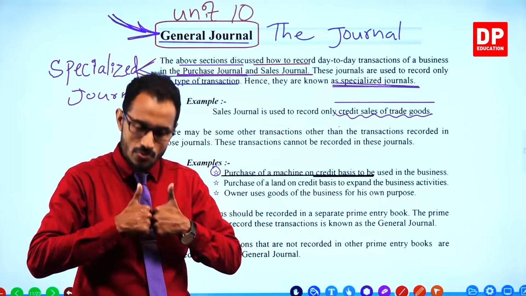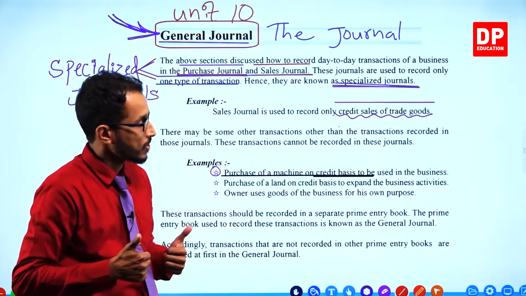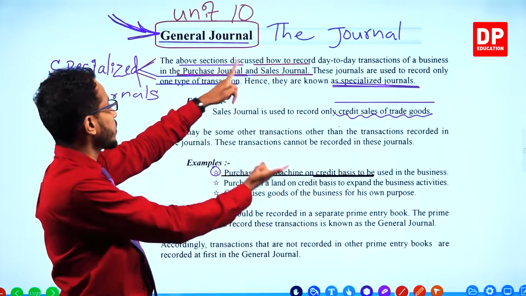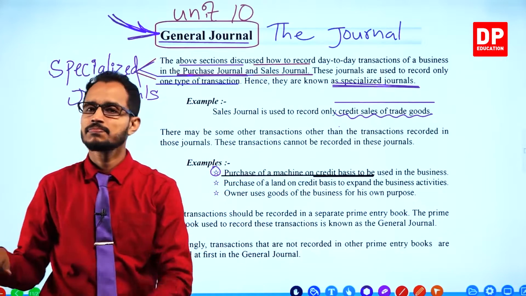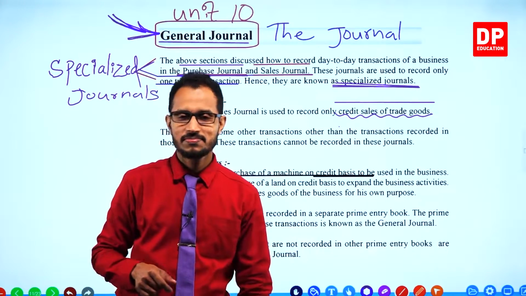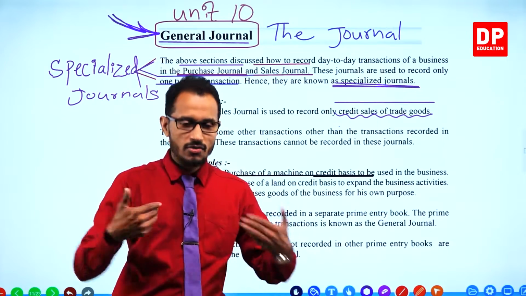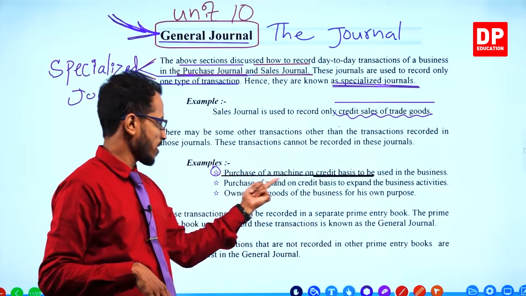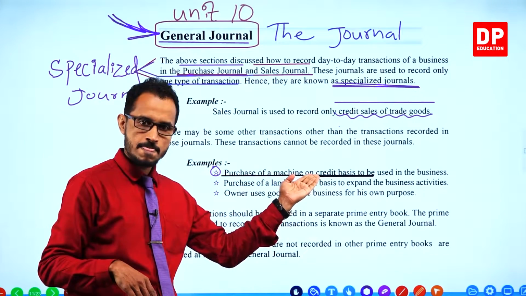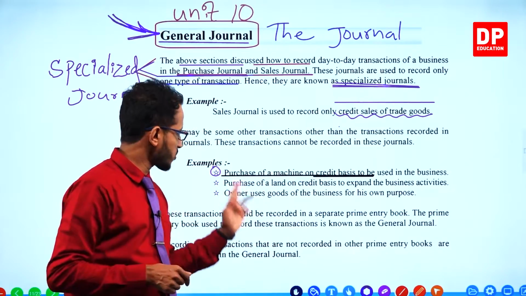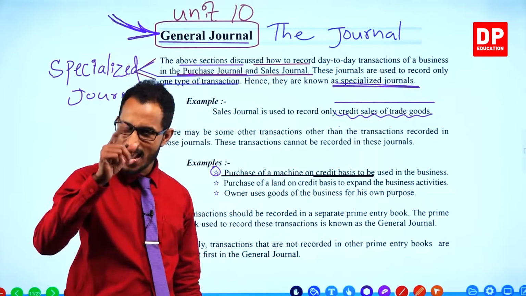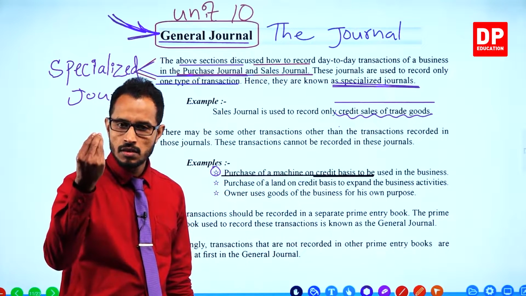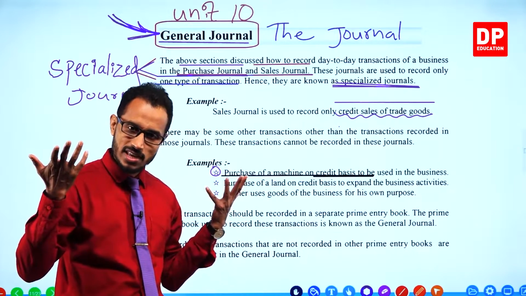Right. That's correct. But if it is a credit purchase, why can't we record it in the purchases journal? That's another question. Now I was saying, okay, children, it's a purchase of a machine. Why can't we record this transaction in the cash book? Because there is no cash involved.